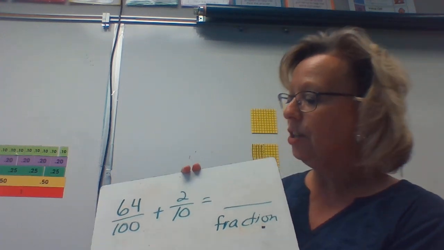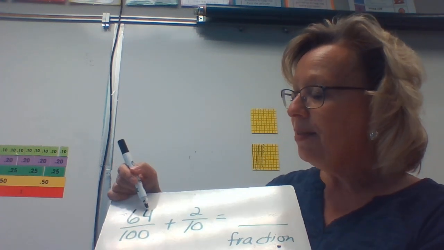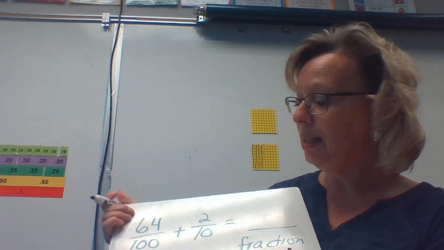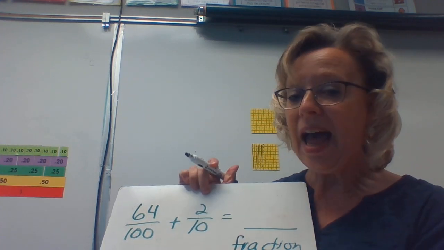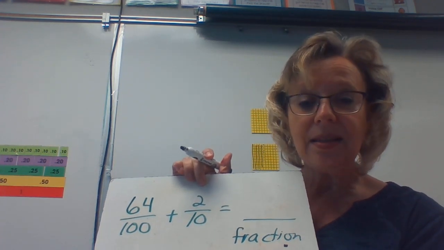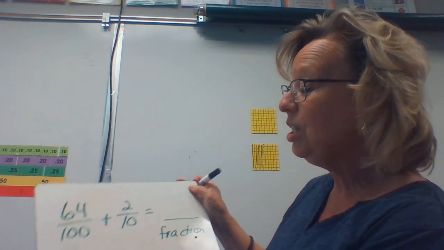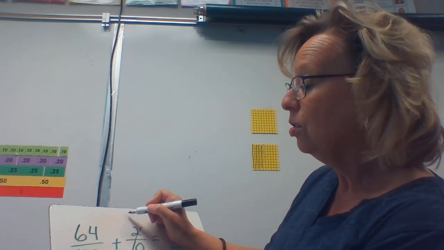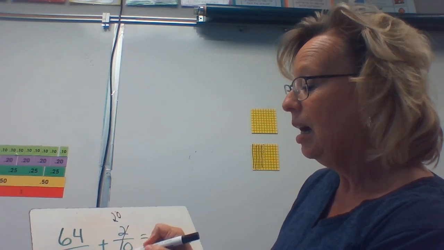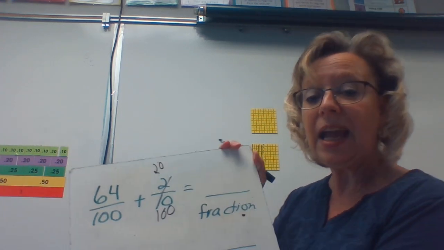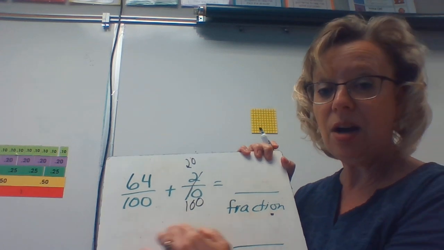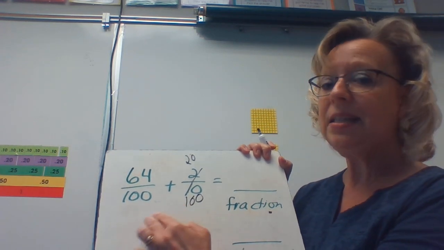One other thing in your packet that you're going to do, and I know we did a little bit of this in the school year as well, is adding fractions. So if I have 64/100, like 64 pennies, and I want to add 2 tenths, well, tenths are like dimes, so that's 2 dimes, which is really 20/100, because when I add fractions, I have to have the same denominator. So I can't add tenths and hundredths.